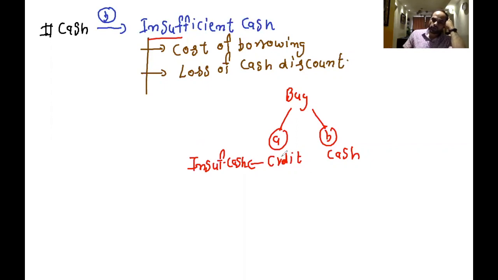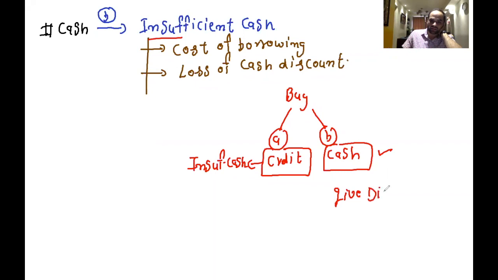So always remember, if you are buying on credit instead of buying on cash, suppliers prefer the people who want to buy on cash. In other words, suppliers normally give discounts on cash purchases.